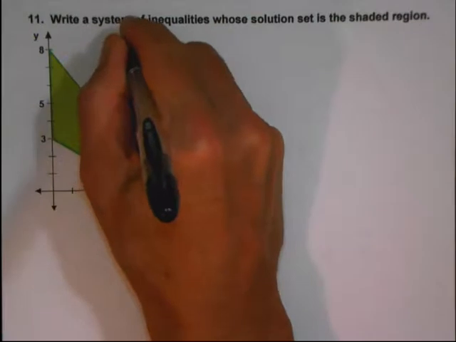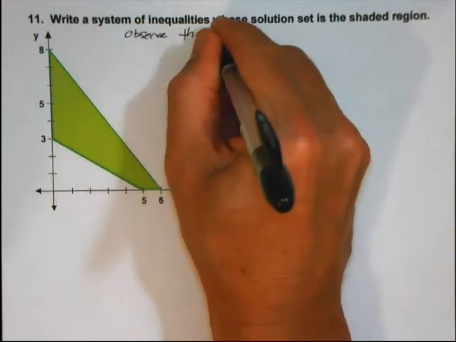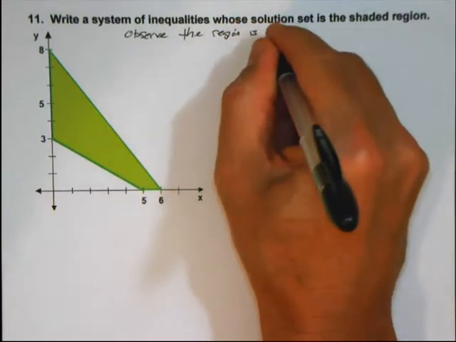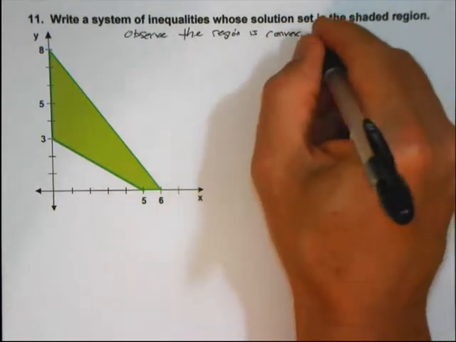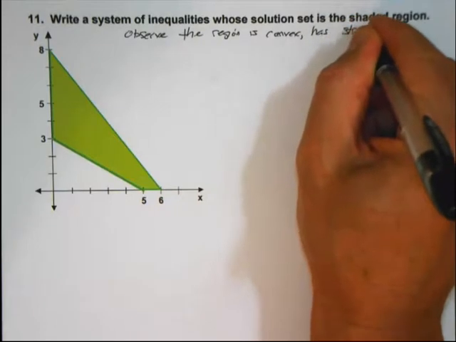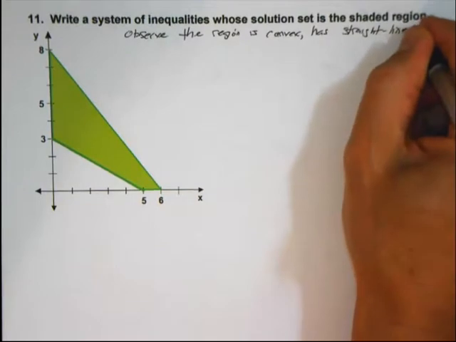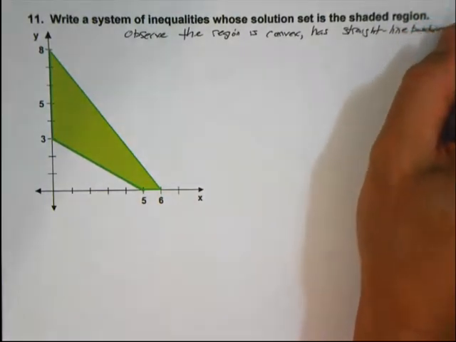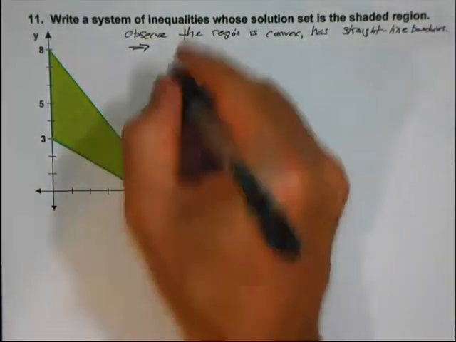Okay, so observe the region is convex and has straight line boundaries. Okay, so what does this tell us? We can use a system of linear inequalities.